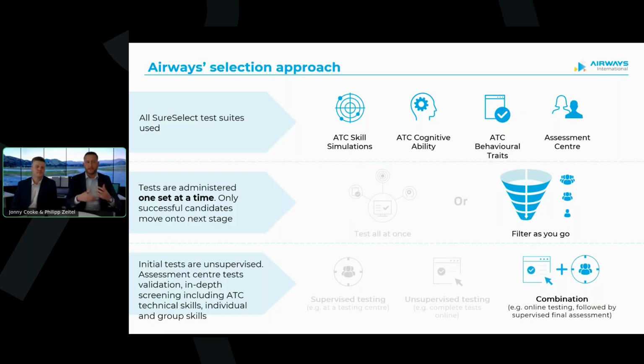So there's a bit of incentive for them to complete the second stage of testing. We don't see a huge number of people not completing the second stage after being successful in the first stage.